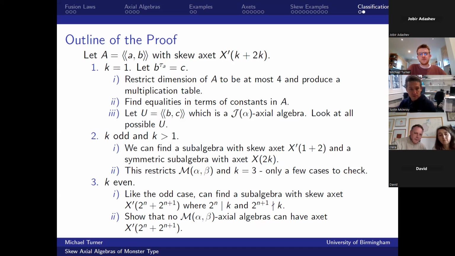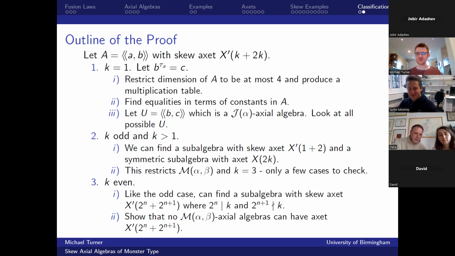Yeah. I feel like there's going to be some work in finding out the spanning set of these algebras. That may be a bit difficult. But as long as it's series, we can find probably some equalities or constants. And just looking at subalgebras, that should be fine. I feel like there could be a possibility to generalize, but there's probably going to be a bit of work to get around that.